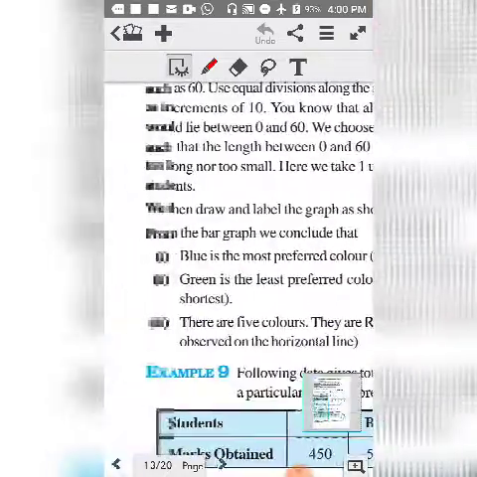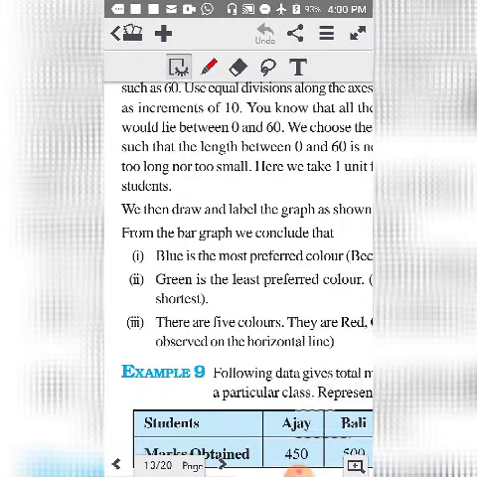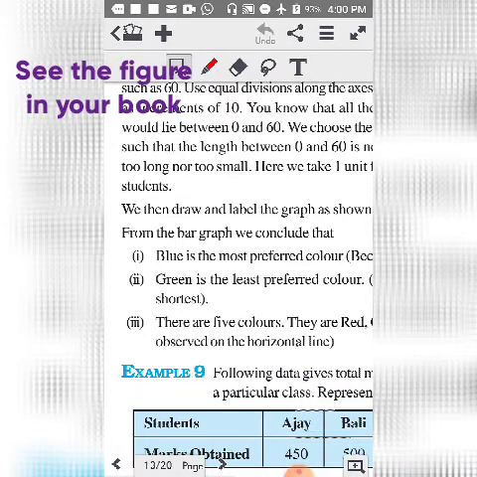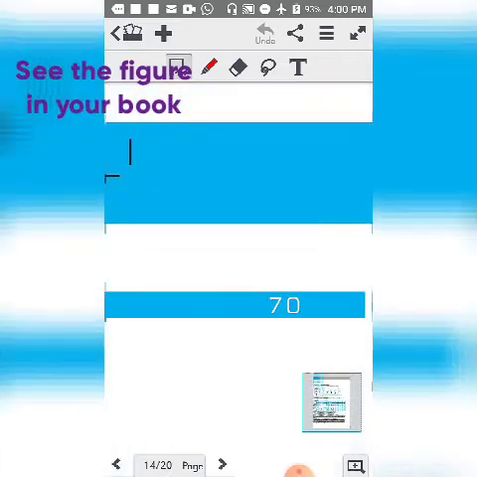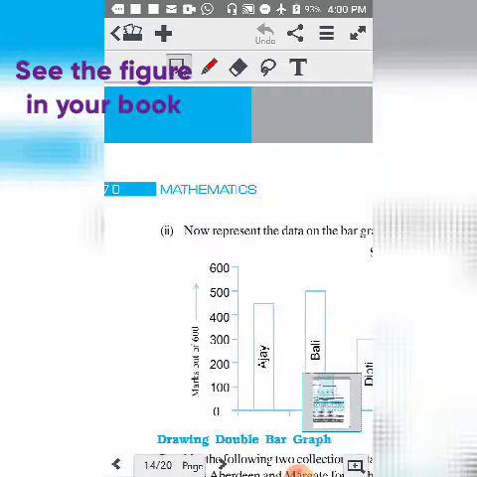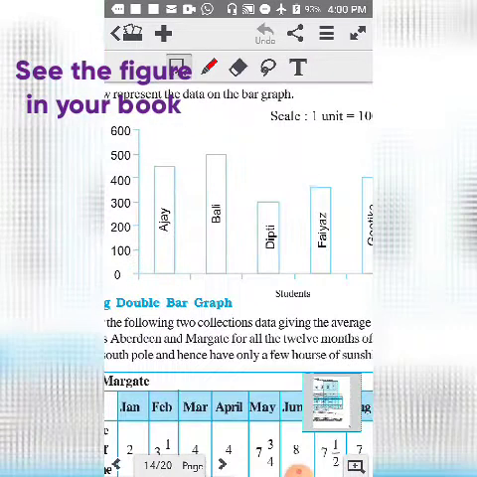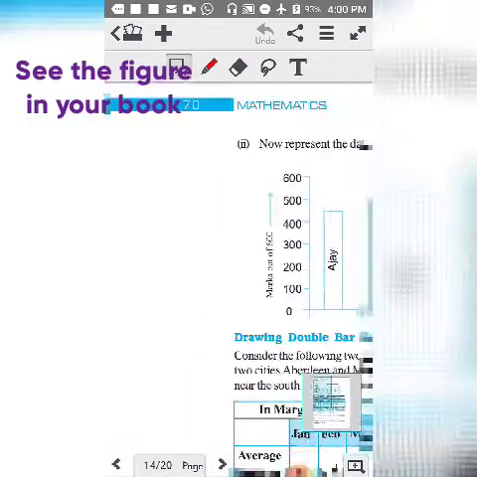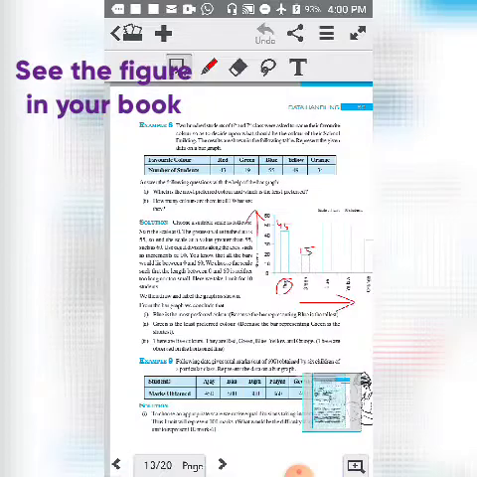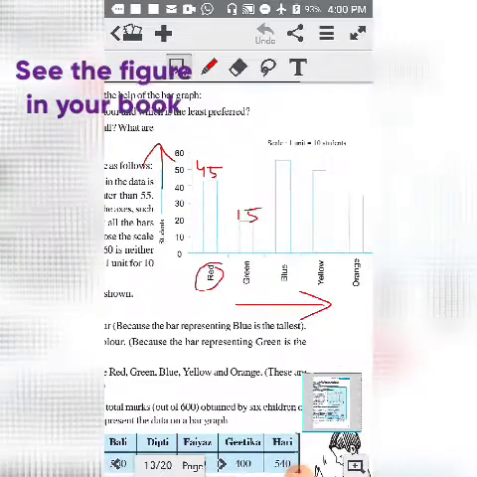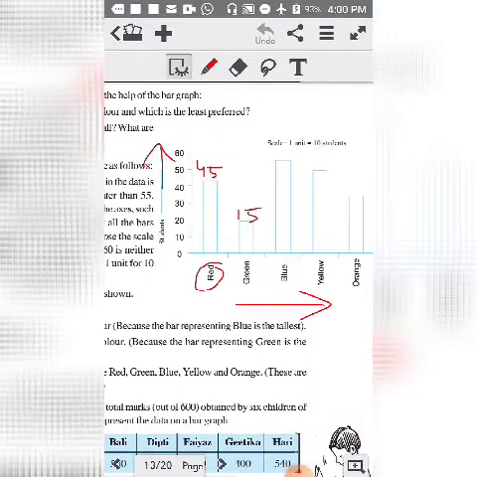Now in this question it has been asked which color is most preferred. From the bar graph we can find out that blue is the most preferred color. Blue color is liked mostly. Why is blue liked mostly? Because you can see the height of blue is maximum.